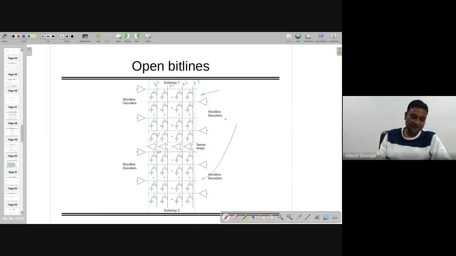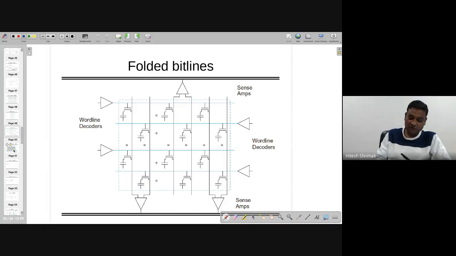For the case of differential line, if you don't do that, there is something called the folded bit lines, because in this particular structure we already have the availability of cells beside each other. So one cell is there next to the other cell, and there are many cells.